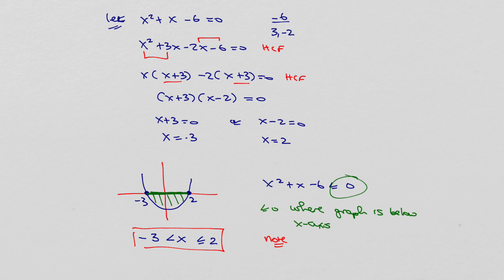The minus 3 was giving us undefined, and therefore x can't be equal to it, but it can be greater than it. Okay, so minus 3 is less than x, and x can be less than or equal to 2. So the less than or equal to is coming from this sign up here, and the not equal to minus 3 was given to us at the start, because it makes it undefined.